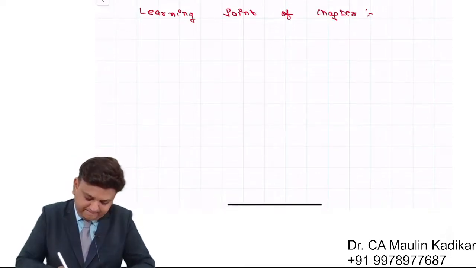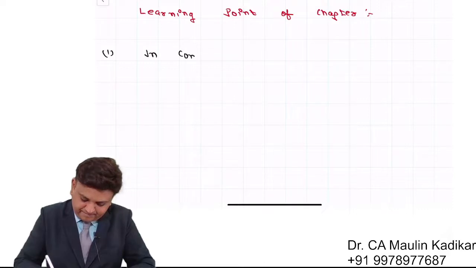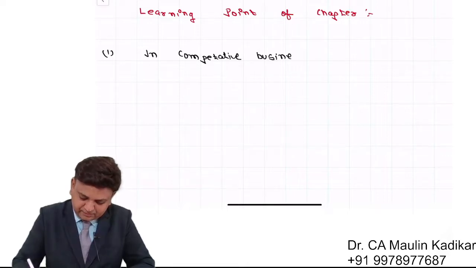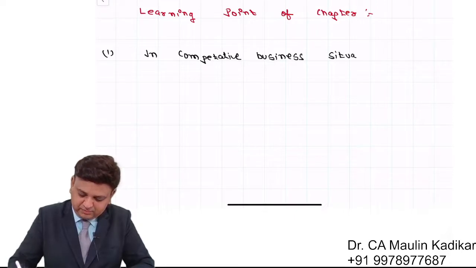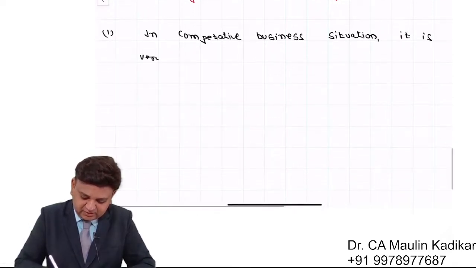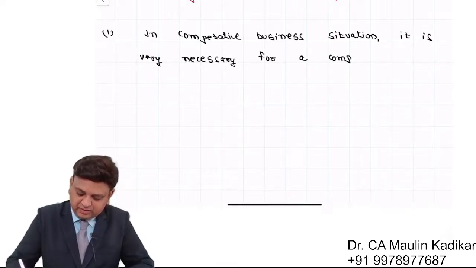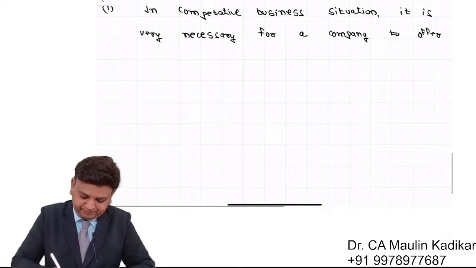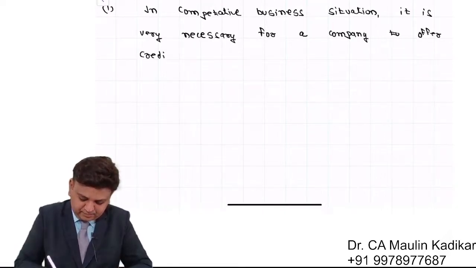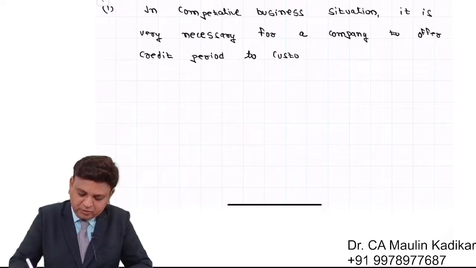In that write down first point: in competitive business situation, comma, it is very necessary for a company to offer credit period to customers.